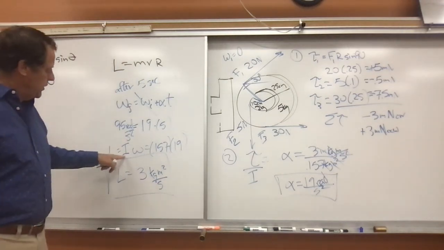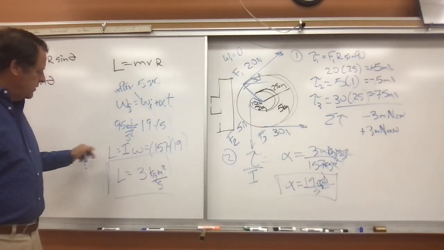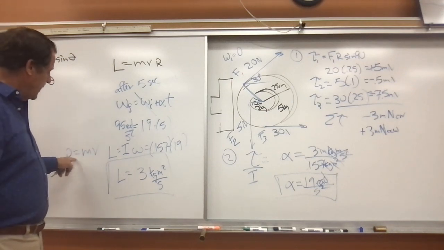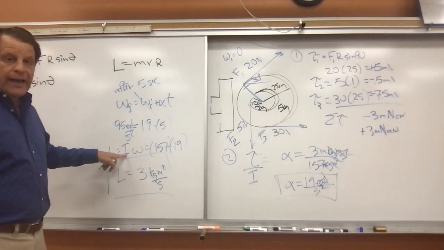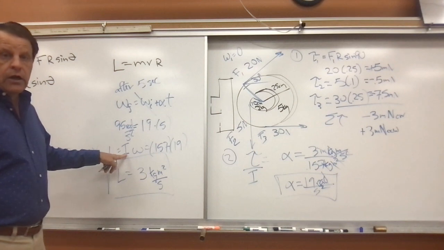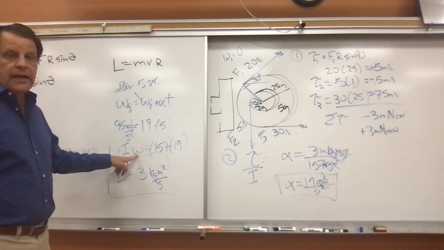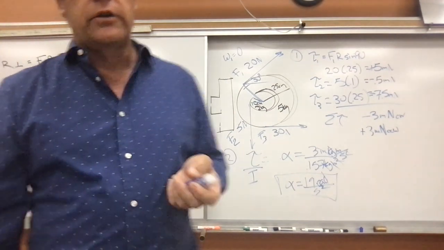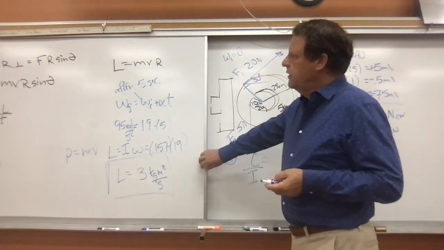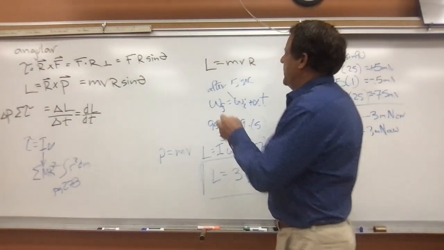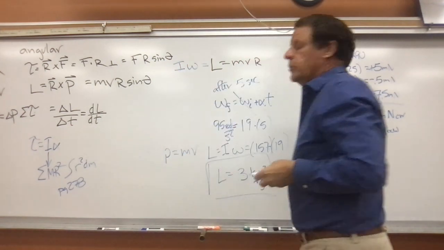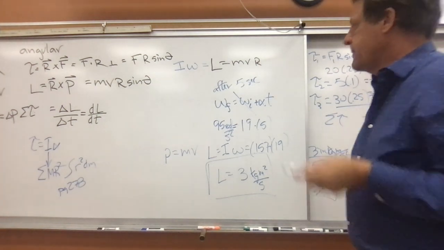So now if we look here, linear momentum is equal to mv, so we have that linear analogy. Now when we go to angular, we're going to have the same relationship, and that is I, which is the angular analogy to mass, and omega, which is the angular analogy to velocity. And one thing that we are going to be exploring here is that I omega is also equal to our angular momentum.